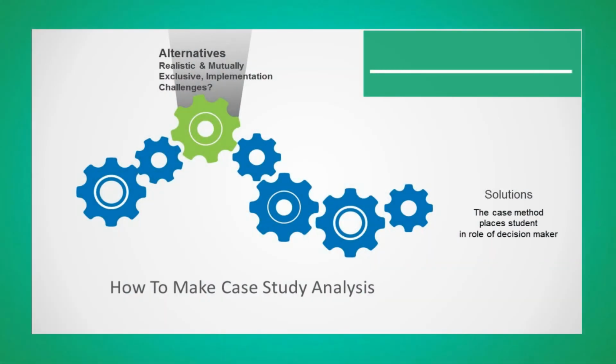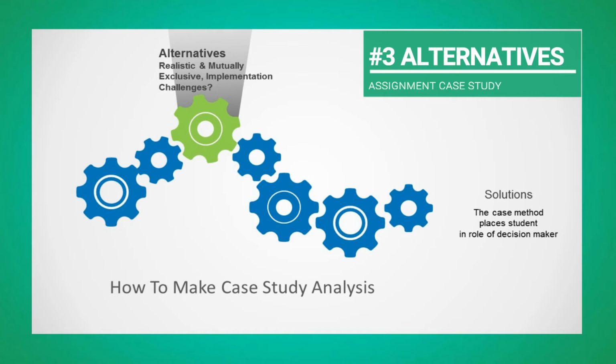The third step when making a case analysis is generating alternatives. When generating alternatives, remember to be realistic, and the alternatives considered should be mutually exclusive. Please remember that doing nothing is also an alternative. It is also important to come up with more than one decent alternative.